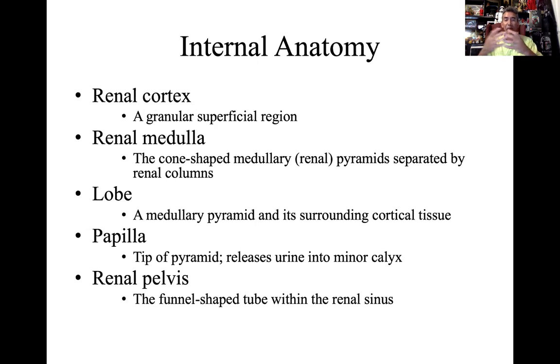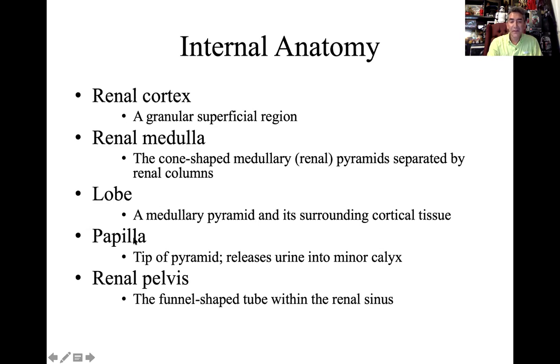The peel of the apple, the peel of the watermelon. The green part of the watermelon would be the cortex. The red part then being the actual medulla. So we're going to have the cortex, that surrounding superficial region, and the medulla, which is going to be sort of shaped in pyramids. You've got to use your imagination a little bit, but we'll see pictures.